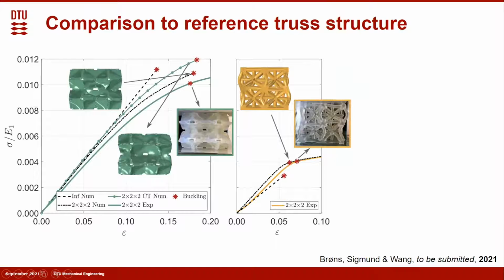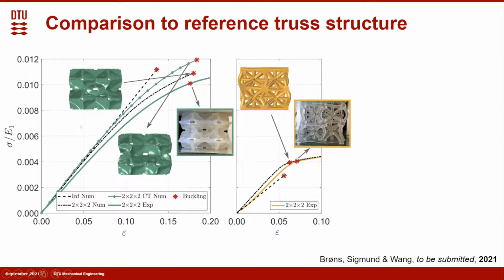This image summarizes the corresponding comparisons. The solid line indicates the experiment result, the dotted line indicates the numerical post-buckling evaluations, and the dashed line indicates the linear material predictions.